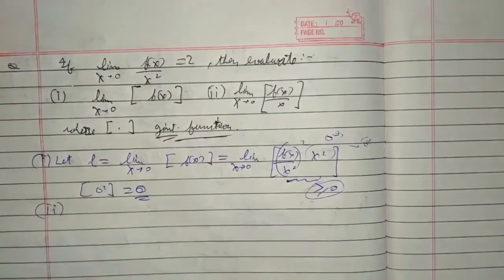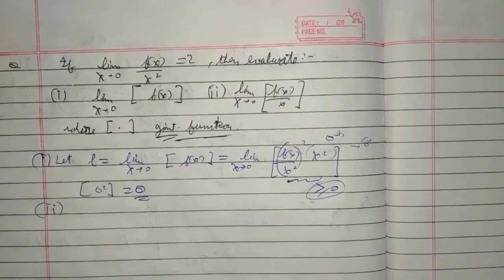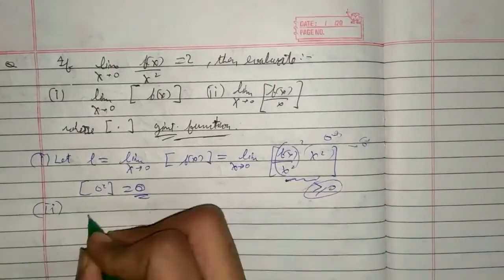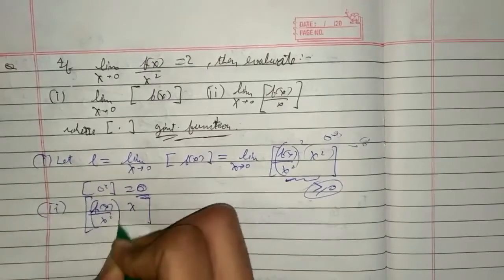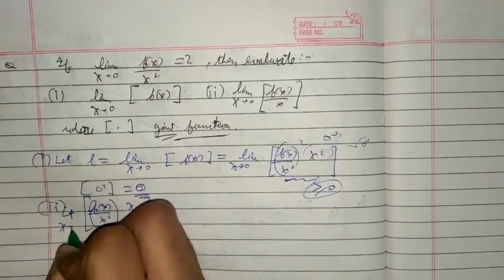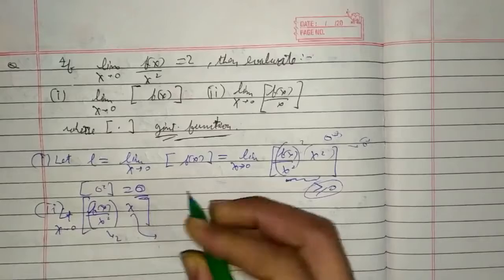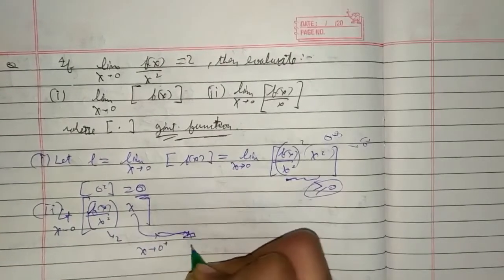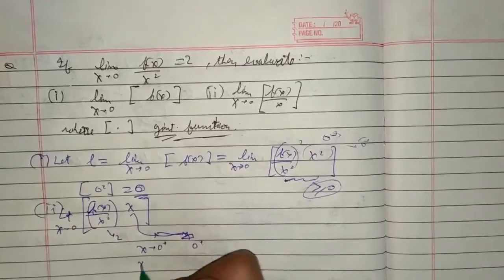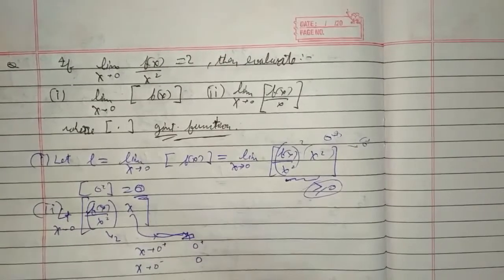And now the second part. From this we will clearly write it as f of x upon x squared times x, greatest integer. This is 2 as limit x tends to 0, but as x tends to 0 plus, this is 0 plus, and as x tends to 0 minus, this is 0 minus.